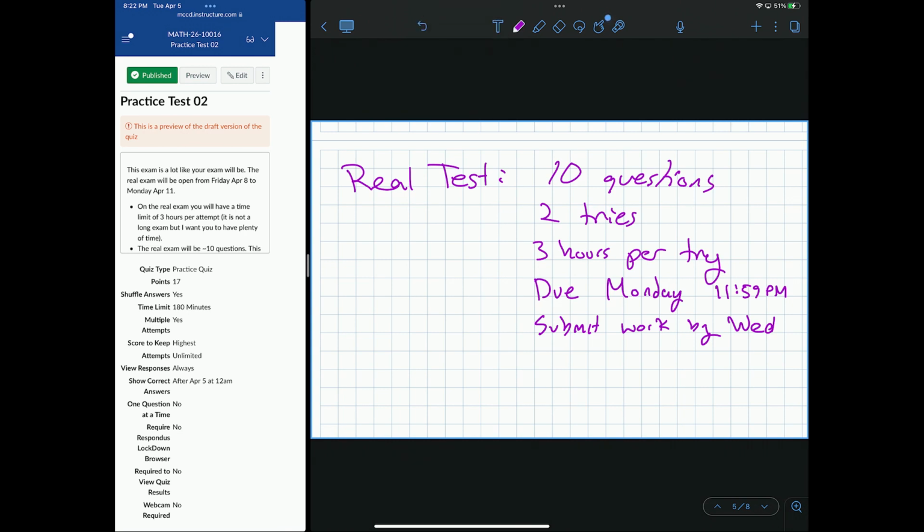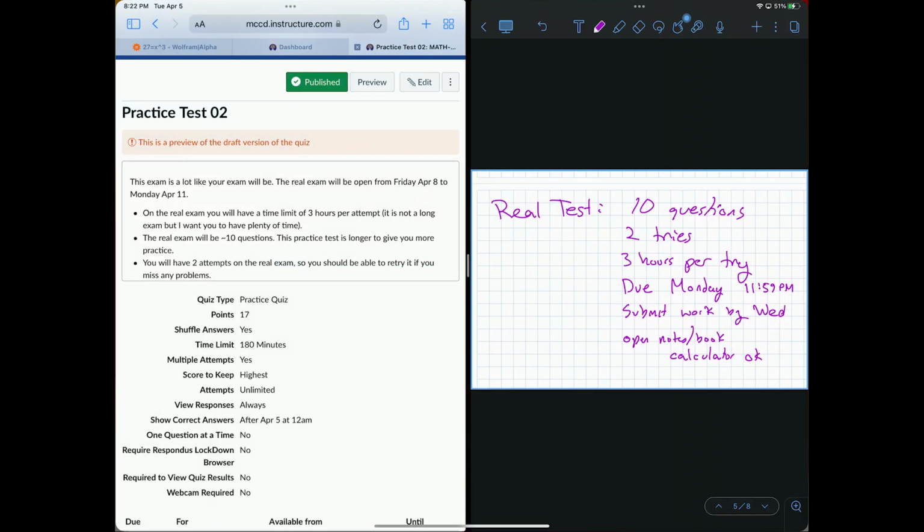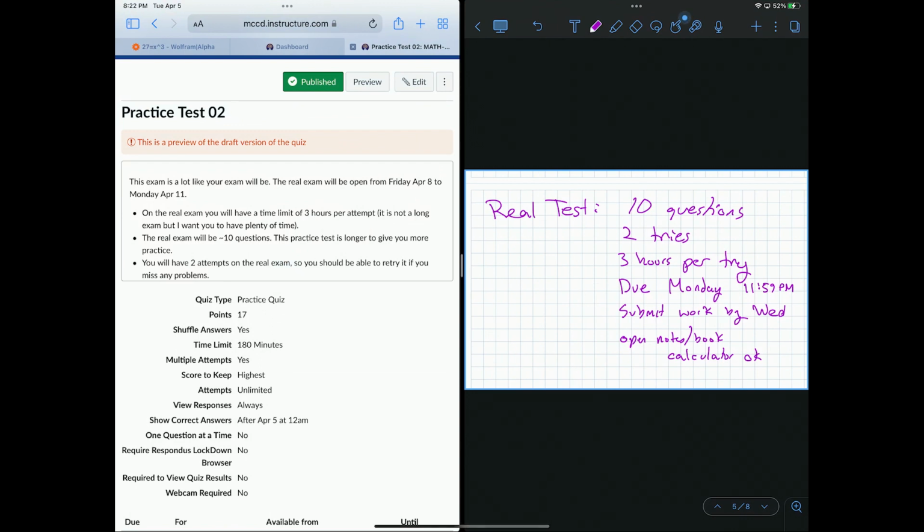So anyway, of course, open notes, open book, whatever. Calculator, okay, and so on. You'll notice I didn't use a calculator at all for any of this, and I don't think you will either, but you could.